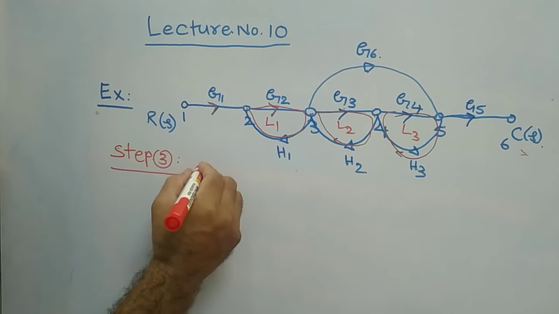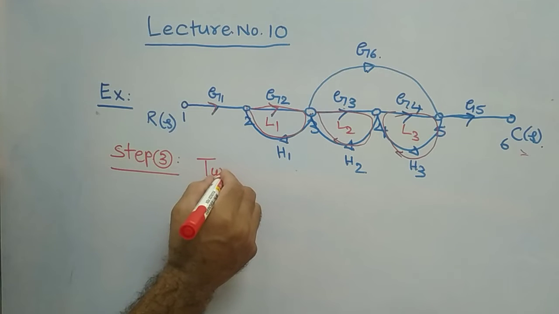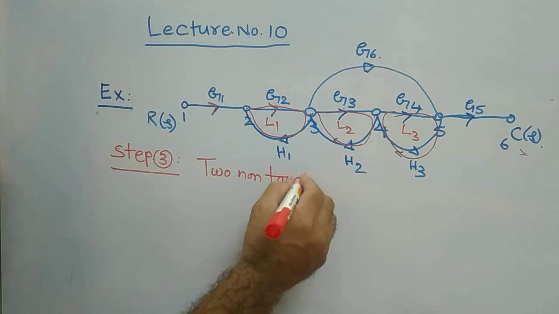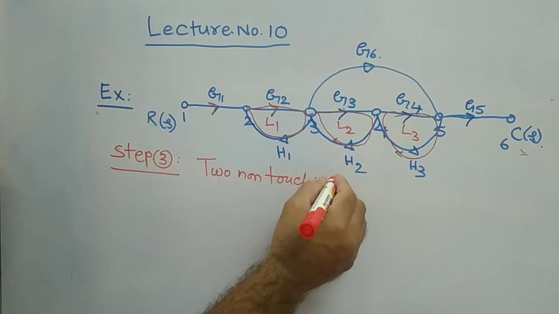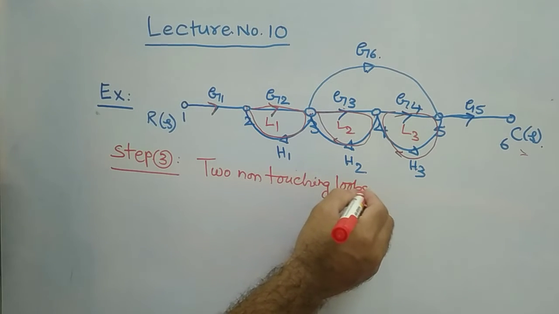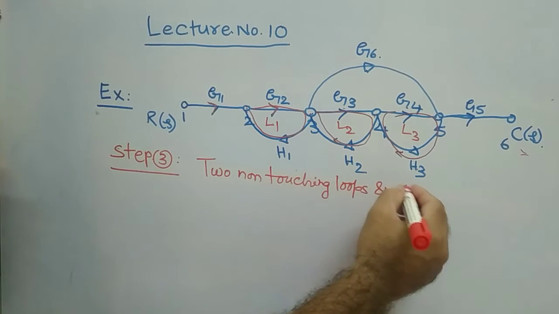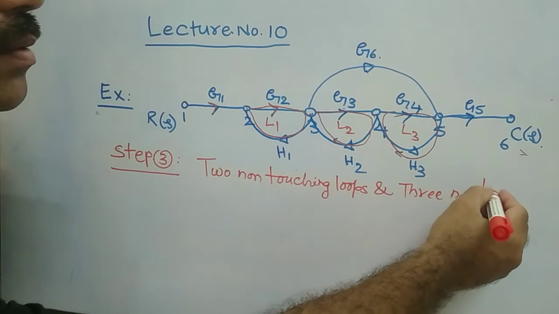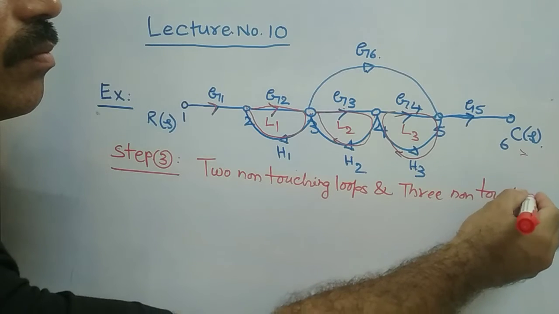In step number 3, is there any possibility of 2 non-touching loops and 3 non-touching loops?